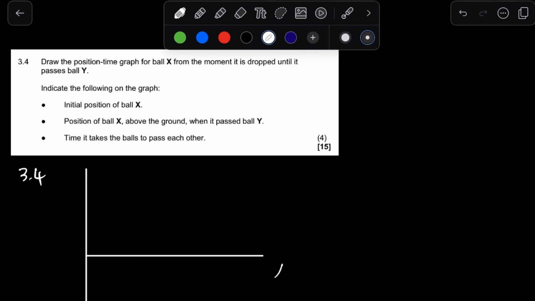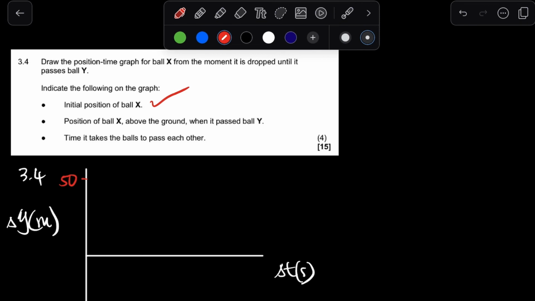As usual, we need to label our axes. So the initial position that they want us to indicate, it's what? It's 50. That's the initial position for ball X. Remember, ball X was 50 meters above the ground when it started from the edge of the building, or the height.